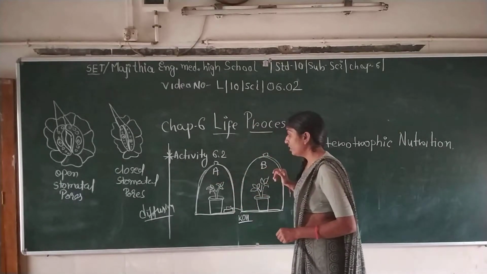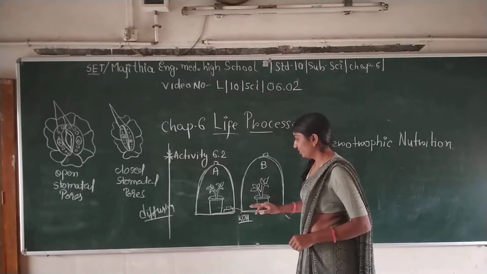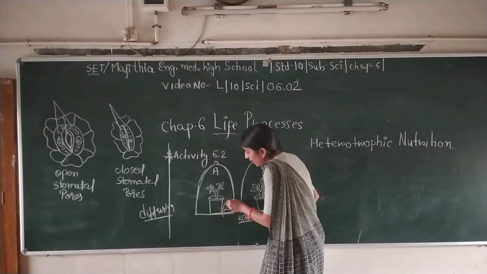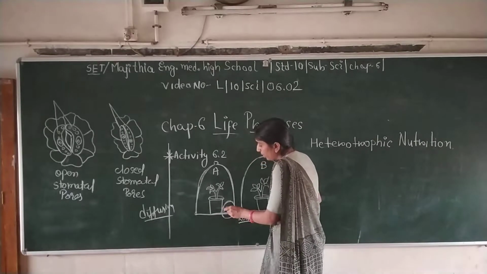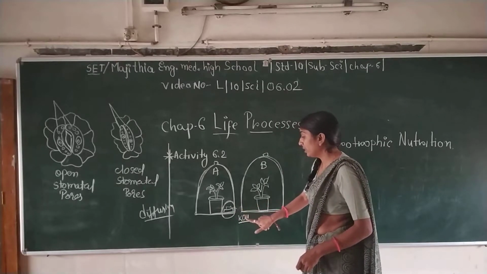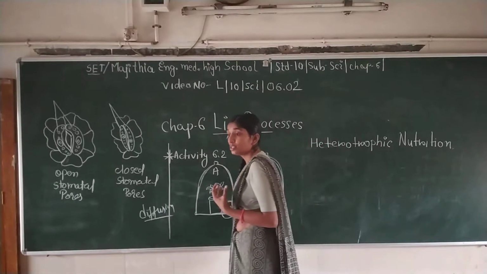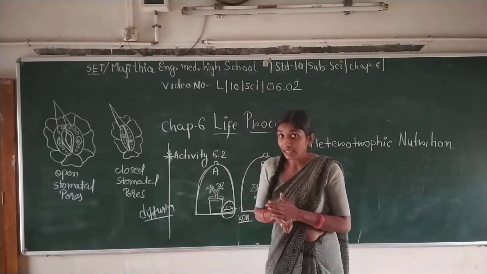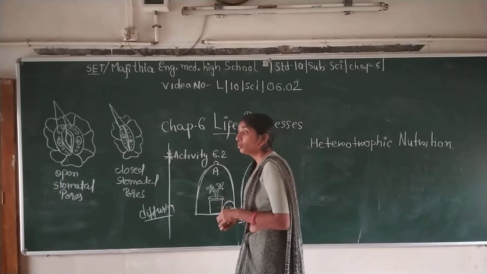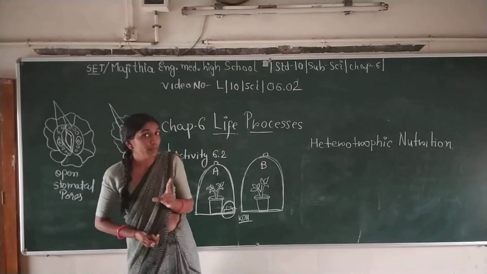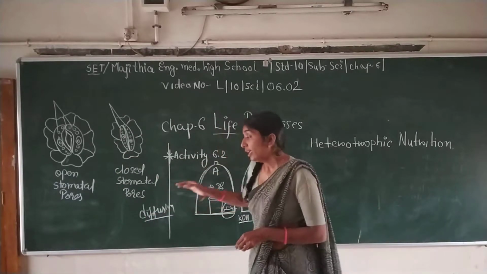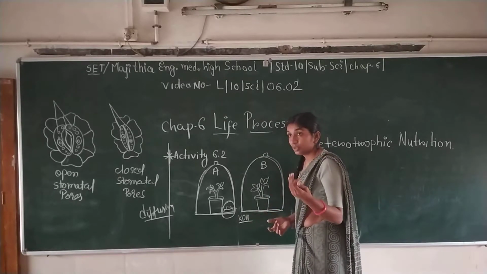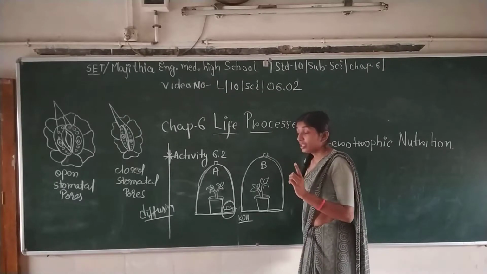In potted plant A we also have potassium hydroxide, which will react with the carbon dioxide present, so there won't be any carbon dioxide, and you know for photosynthesis to occur there is a requirement of carbon dioxide. In the next setup we do not have potassium hydroxide inside, so there will be the presence of carbon dioxide.